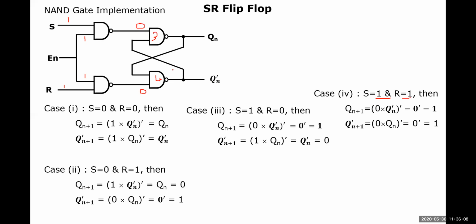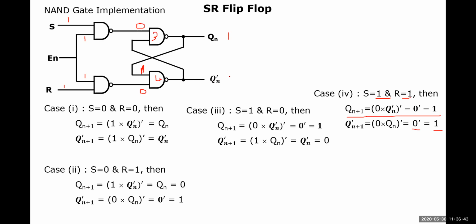This is the lower level of the system, this is the third one and this is the fourth one. You can name it anything. At the third gate, the input will be 0, so 0 into Qn complement whole complement. 0 into anything will be equal to 0, and 0 complement equals 1 here. You get 1 here. And then for the other gate, one of the inputs is 1 instead of Qn. 0 into 1 whole complement: 0 into anything will be 0, and 0 complement will be equal to 1 here.